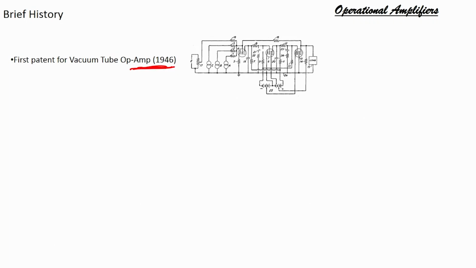In this the op amp was made out of vacuum tube, because all the functions earlier, if you see the transistors, if you see the other electronic components, earlier vacuum tube technology was used, and slowly with the advancement of technology we came to the present technology, which is our IC.